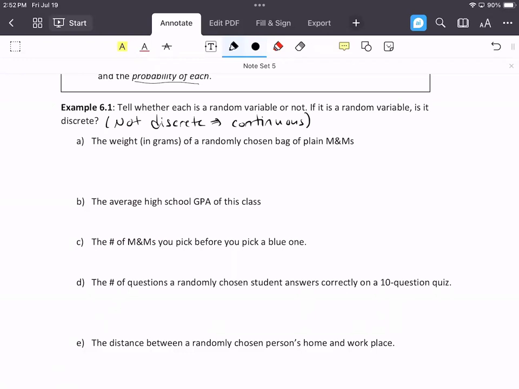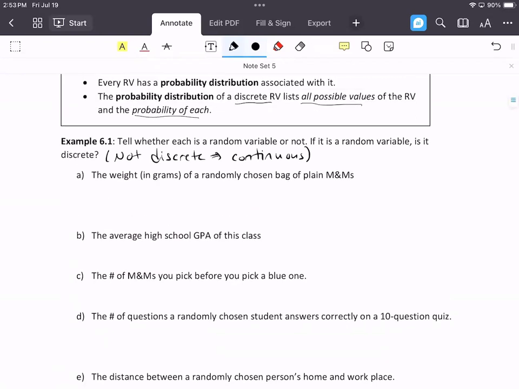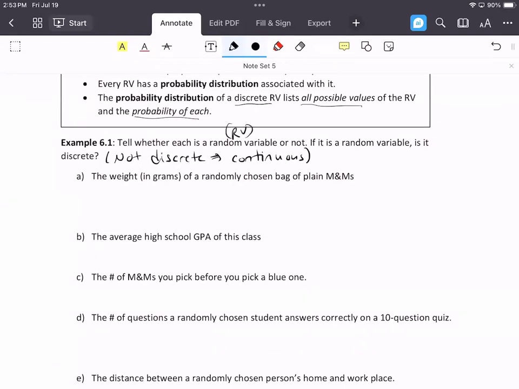For this first one, the weight in grams of a randomly chosen bag of plain M&Ms. Well, first of all, is that a random variable? Is the value a number? Yeah, when we take a weight, we get a number. So I'm going to use RV to shorten random variable.